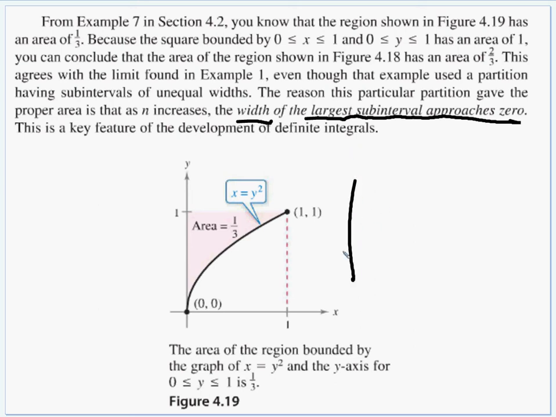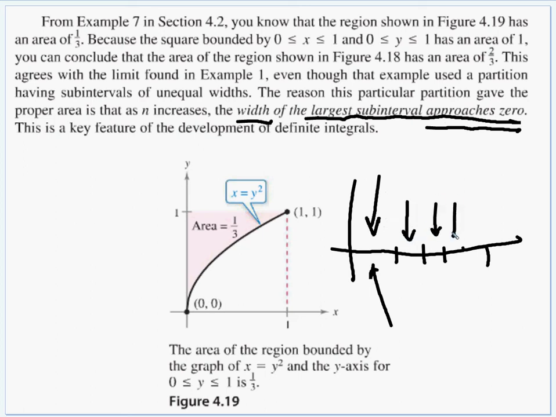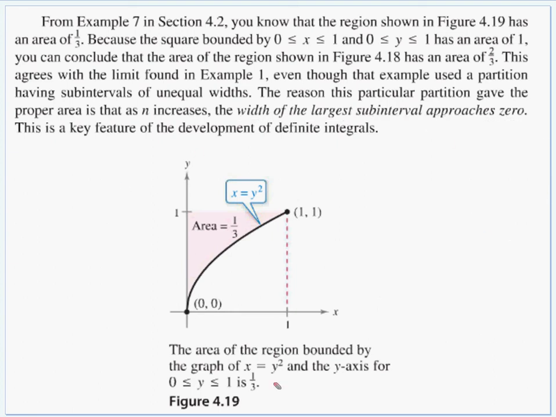When we chopped up our region into subintervals, we had rectangles of different widths. And then we figured out which one was the largest, and the largest rectangle approached 0. As the largest one approached 0, that meant all the smaller ones were also pinched towards 0. If this is defined as the biggest rectangle and we start shrinking it towards 0, then all the other rectangles under it are also shrinking towards 0.